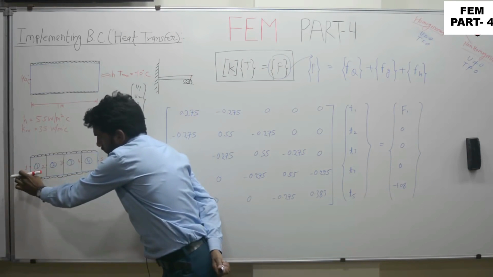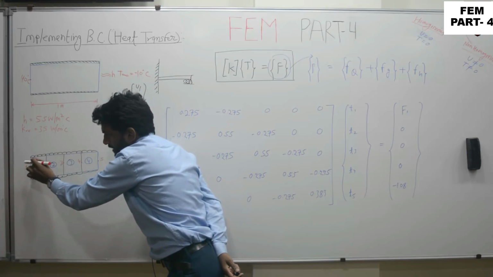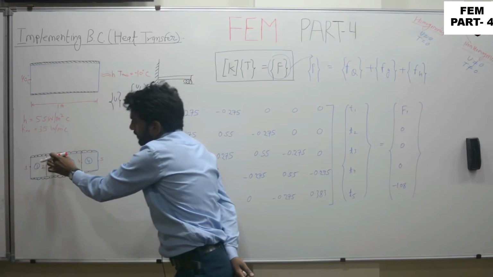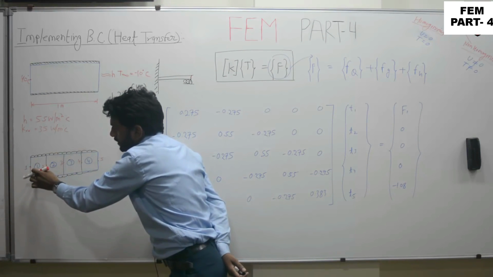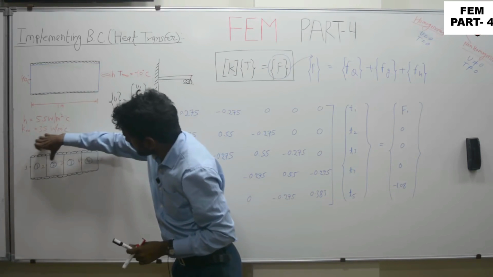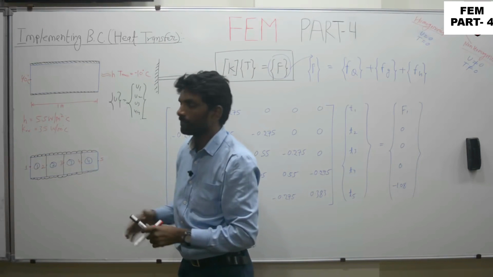There are two types of numbering: one with a circle, one without a circle. We have already discussed that to number the element, we need to circle that particular number. So here element 1, element 2, element 3 and element 4 are numbered 1, 2, 3, 4 with a circle.